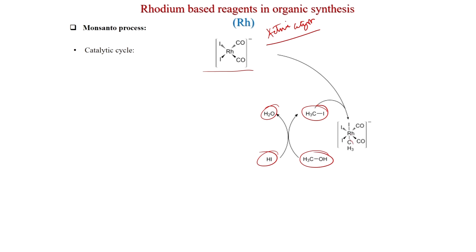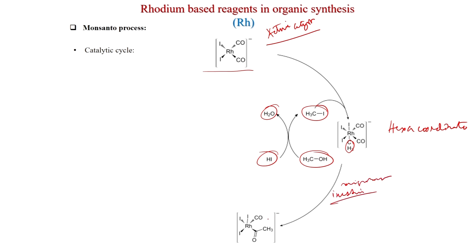So, this is the CH3 group and this is I. Now this is hexacoordinate. Now, the insertion will happen. So, this is the migratory insertion. This CH3 group inserts into this metal CO bond and you get this COCH3 group.